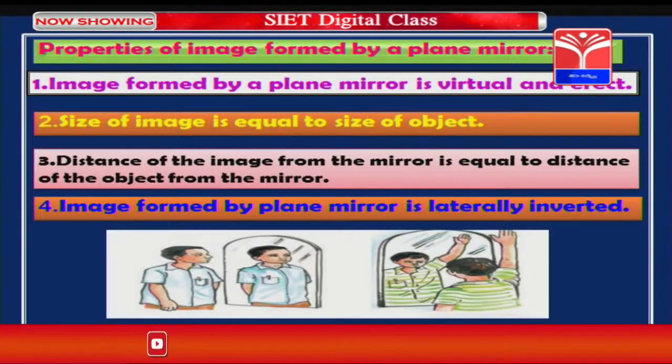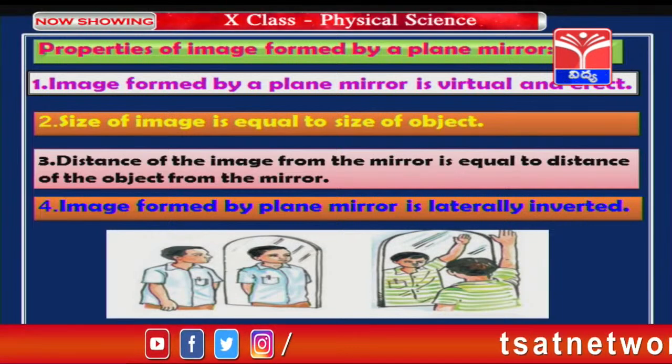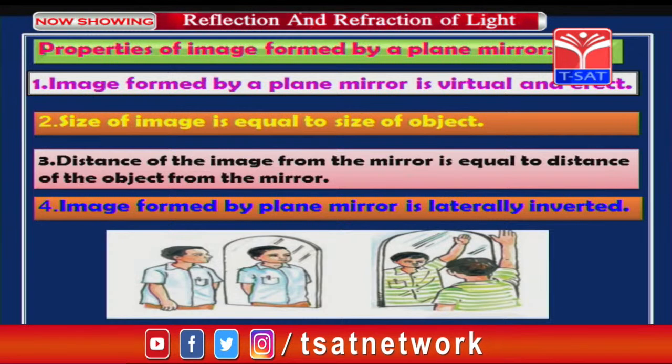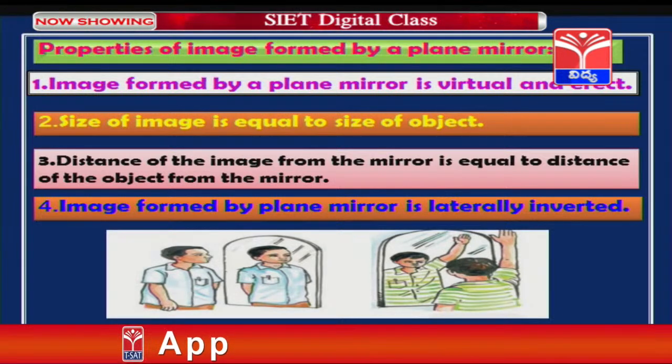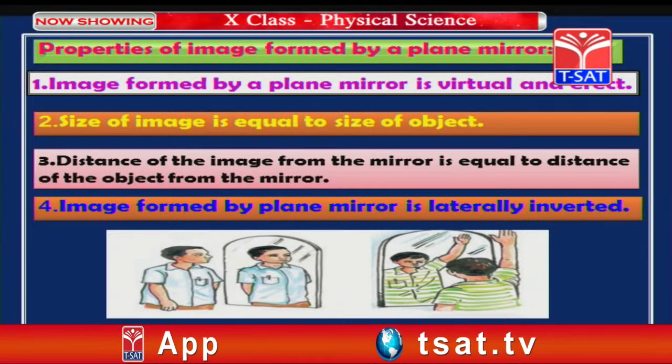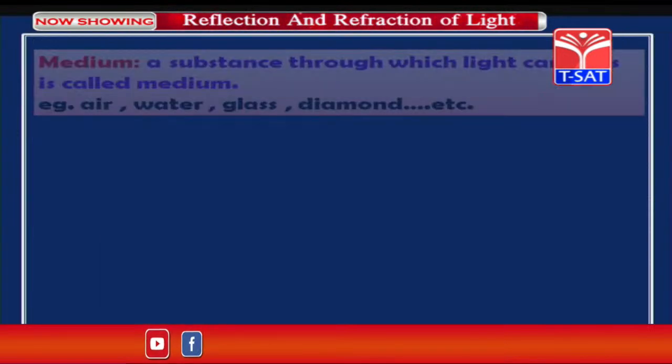Now, we will discuss about refraction of light. Before going to discuss about refraction of light, we will learn what is medium, what is rarer medium, what is denser medium. First of all, we will see medium.